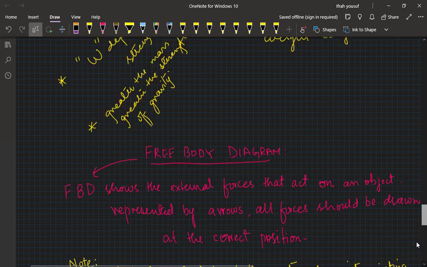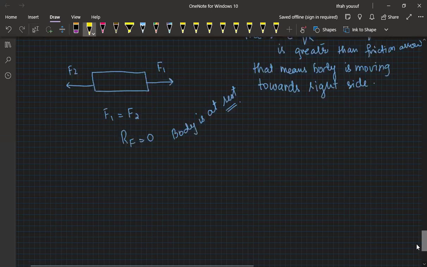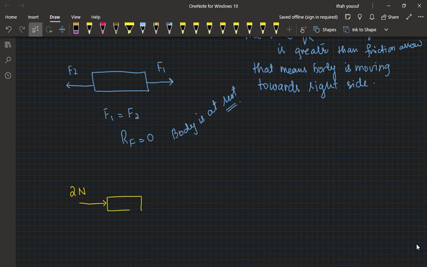So if I say that a 2 Newton force is acting to the right side on this object, and I am just drawing the object like a block, and let's say this is also 2 Newton, right?